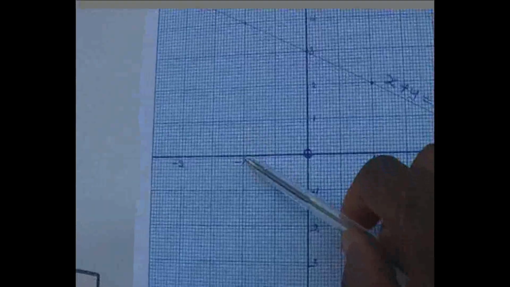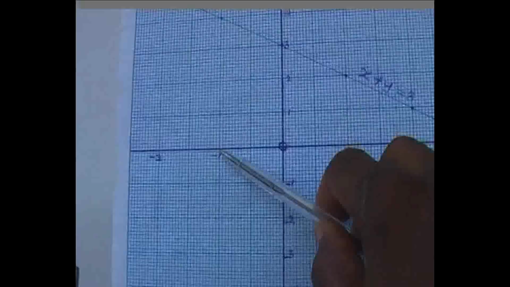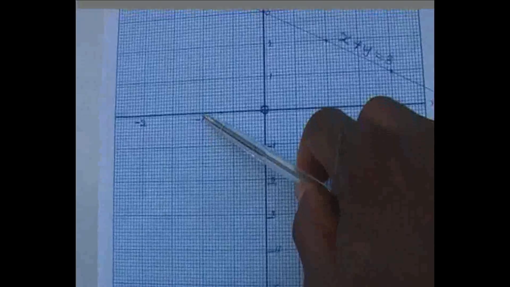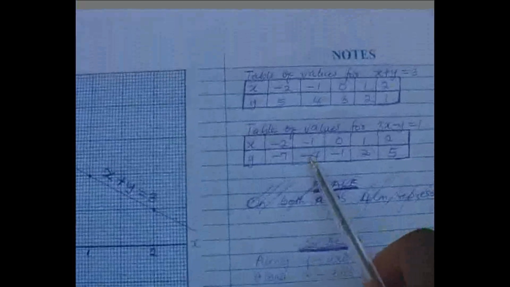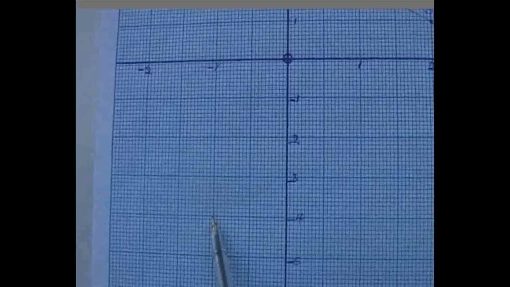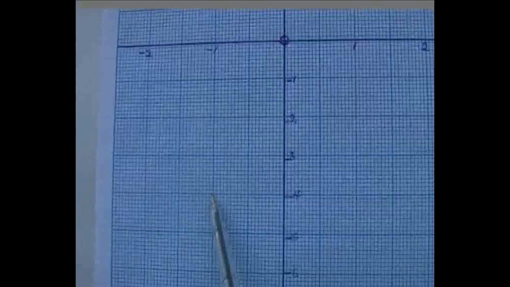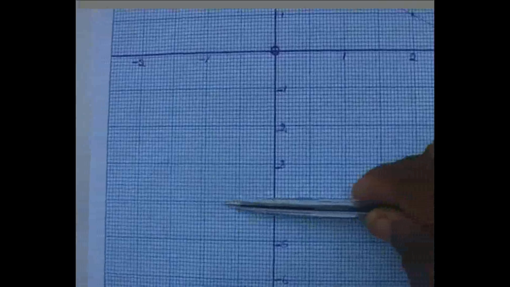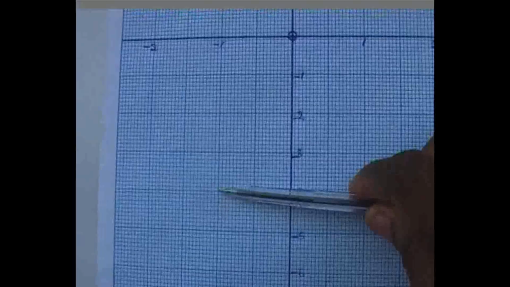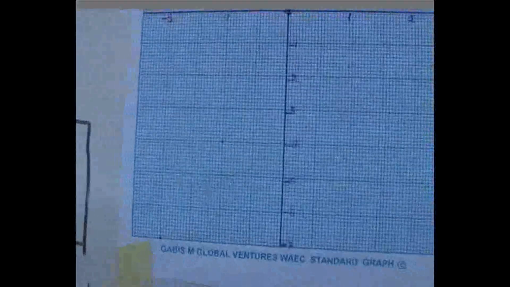You can see that this is -1 for value of x, and the corresponding value of y is -4. So the place the two lines join is the next place you put your point. It's going to be (-1, -4). So put your point at this place. That's the second plotting now.